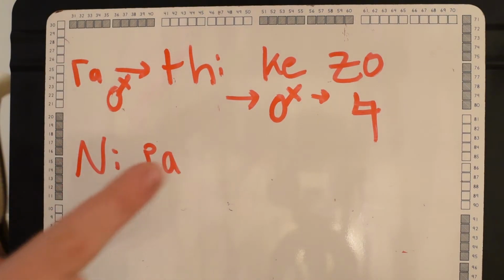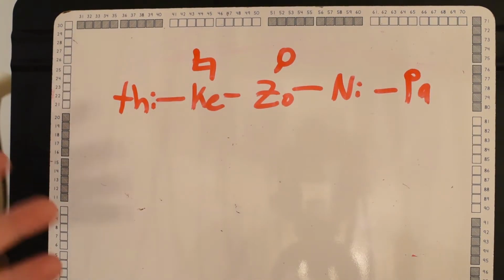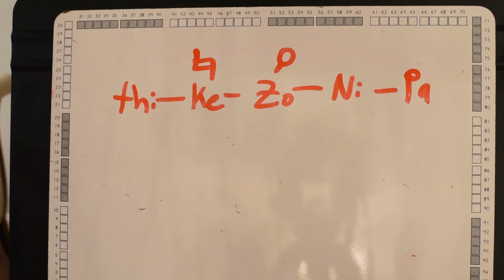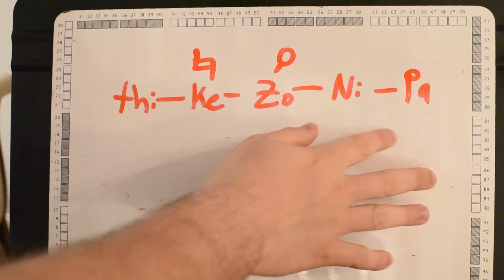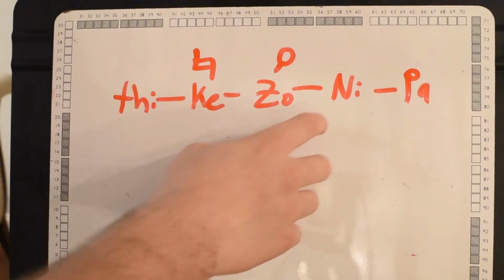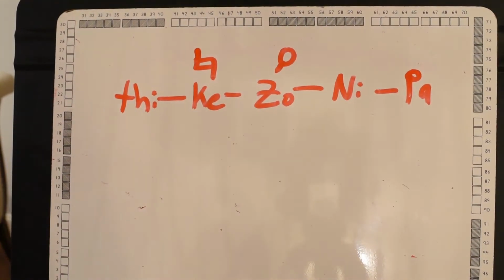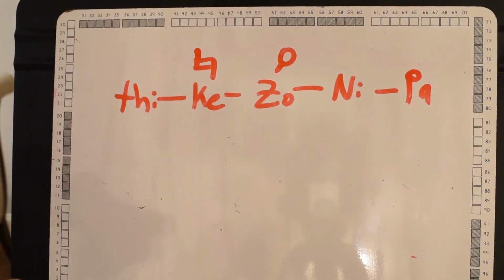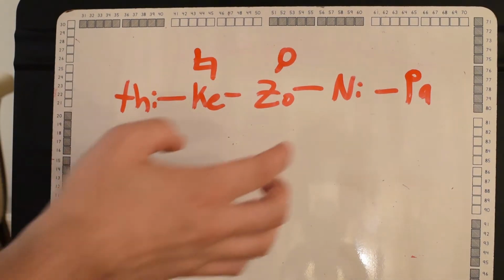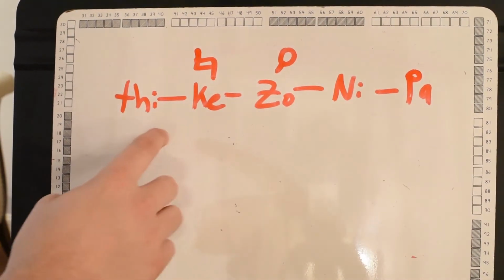Now, something does change. The last thing that should be noted is when you're going from a higher cadence, so from pa or Zo, and resolving back down to di. So, rather than having the ke zo, something changes. Pa ni zo ke di.